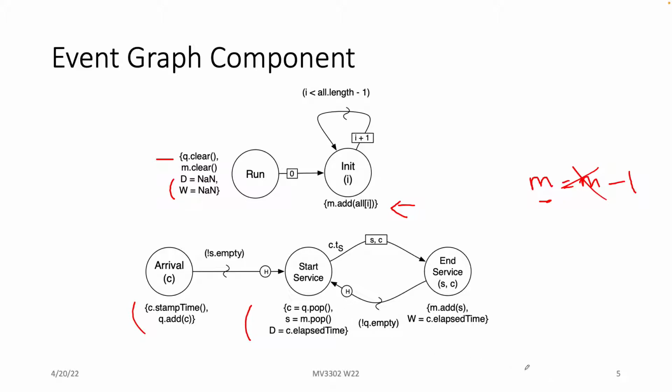If one of these containers is empty, then you're going to get an error. In a program, you'd get a runtime error and the whole thing would bomb. In the event graph, we don't have that ability because we're not actually running it.